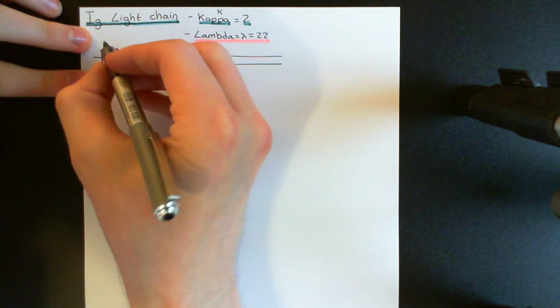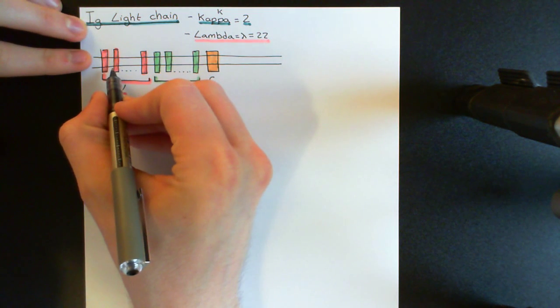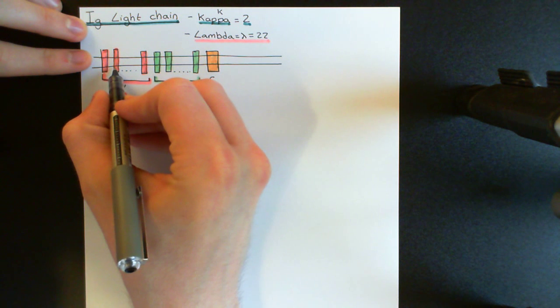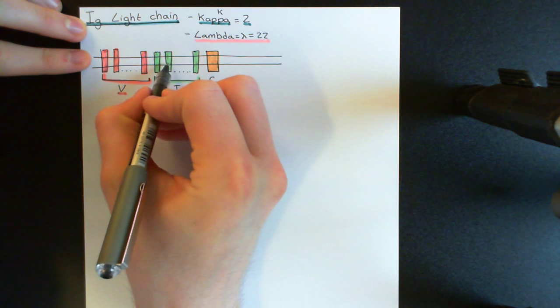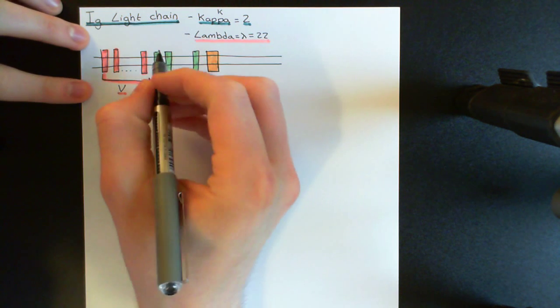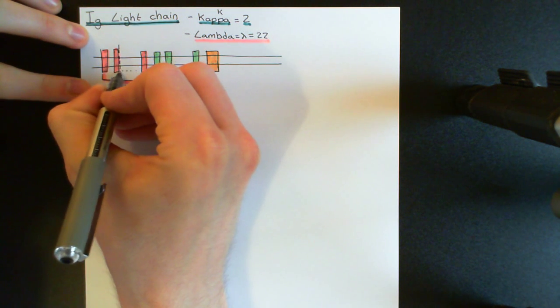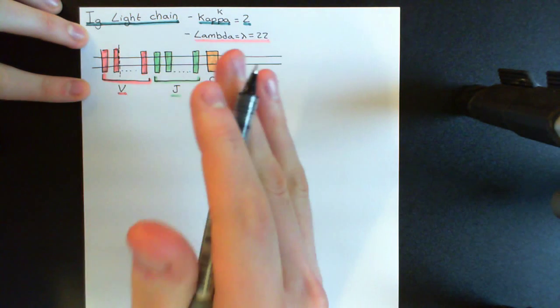So again, I'll just show this. So let's say again, I select as my chosen variable gene segment the second variable gene segment here, and I select as my chosen joining gene segment the second joining gene segment here. What I will now do is I will cut somewhere here, and again the same principle applies as always.